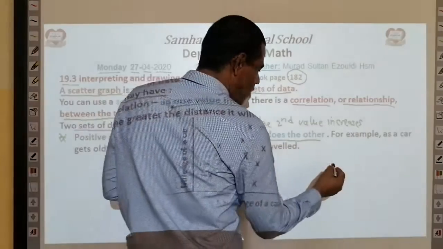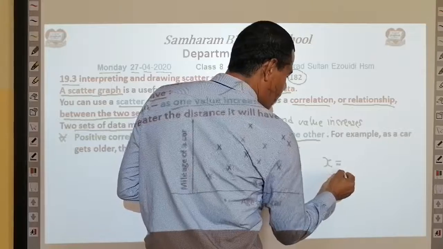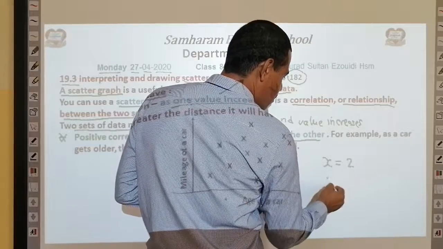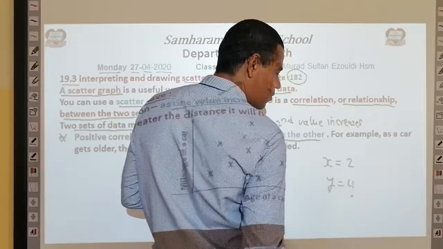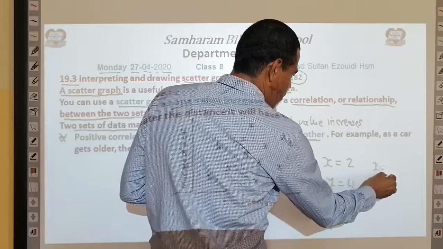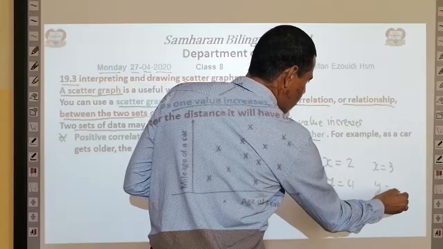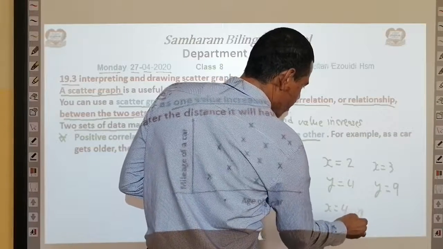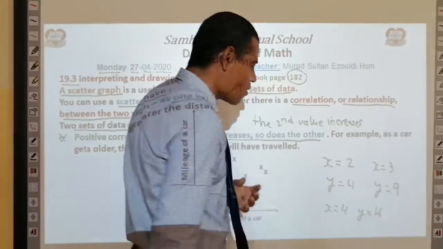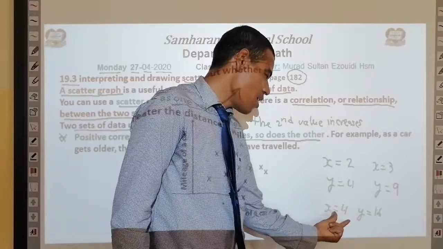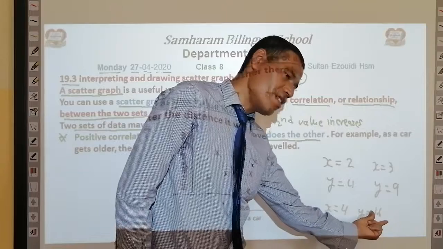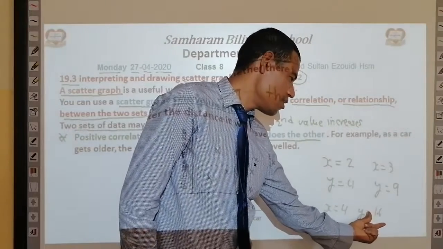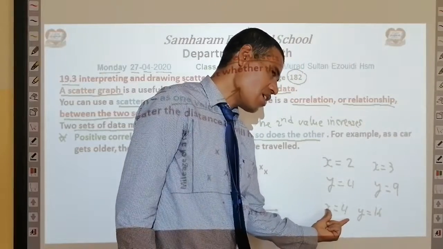For example, if x equals 2, y equals 4, if x equals 3, y equals 9, and if x equals 4, y equals 16. You see, when x increases, the value of y also increases.